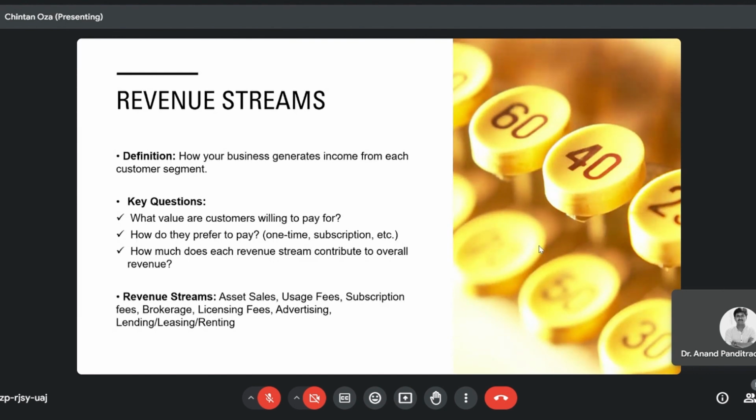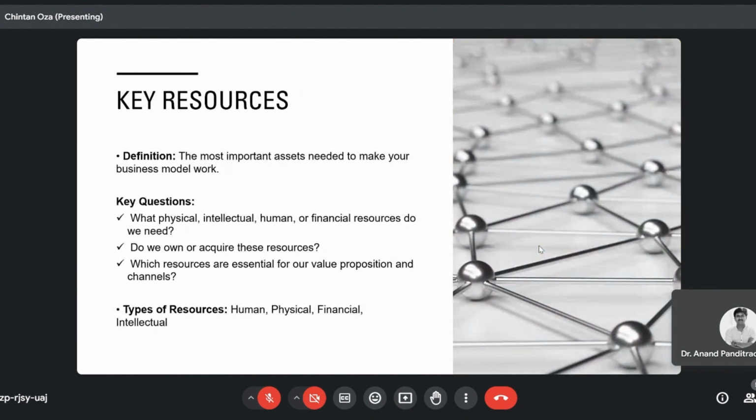What could be the revenue stream? It could be asset sale, usage fees, subscription fees, brokerage, licensing, advertising, or leasing even. Let us have a look at the next component, key resources.